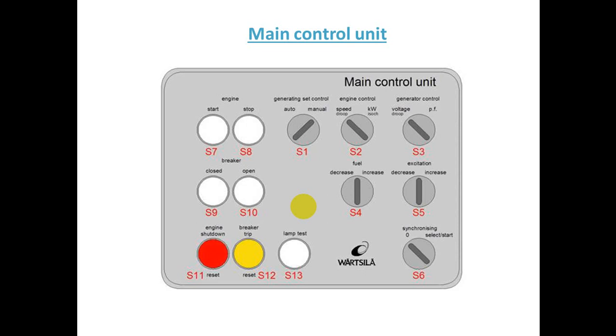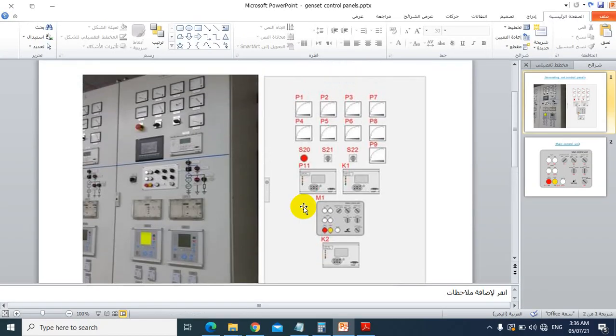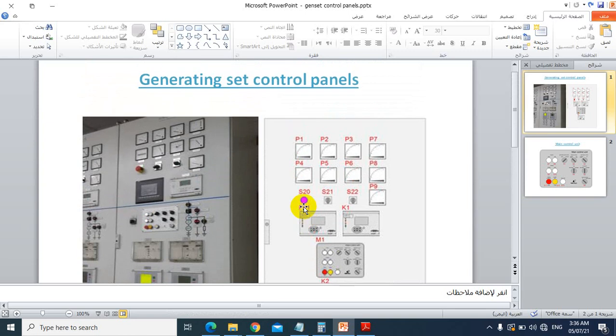As we can see in the picture, the computer acts as a central control station for each piece of equipment, whether electrical or mechanical, in a modern system. So that is all about the M1 control unit and the genset control panels.